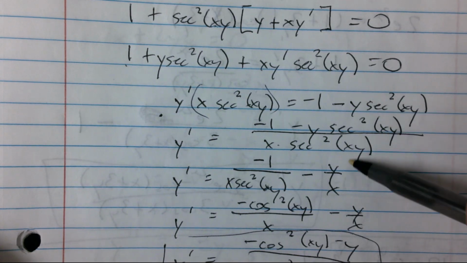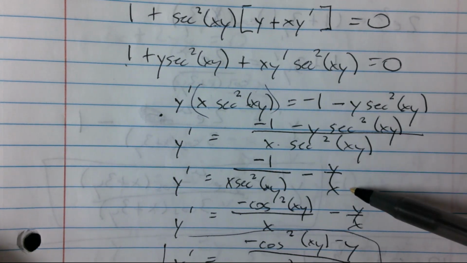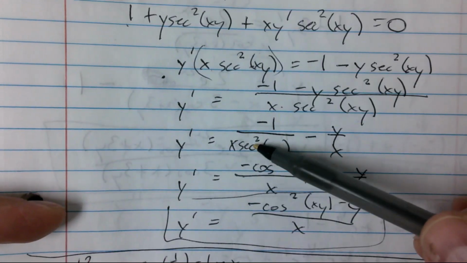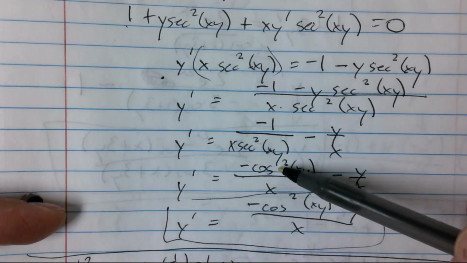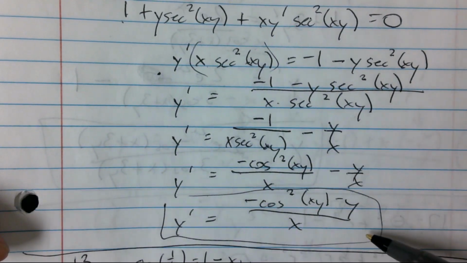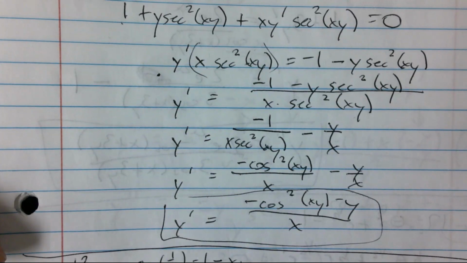And then you have your y over x. Then we change secant squared from the denominator to the numerator and make it cosine squared and go from there. Okay, we're about to do that.